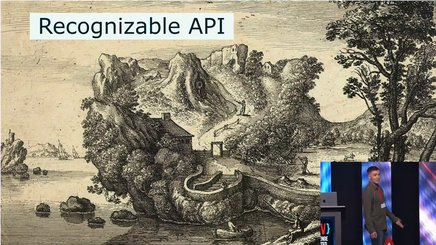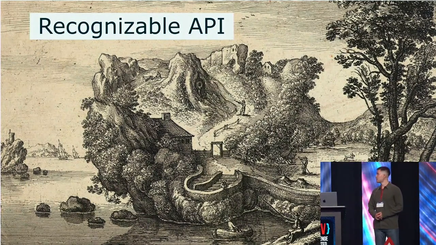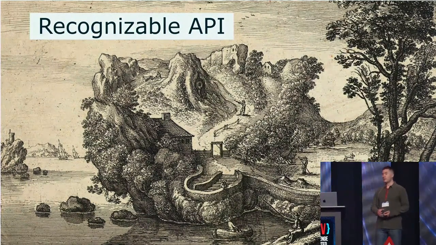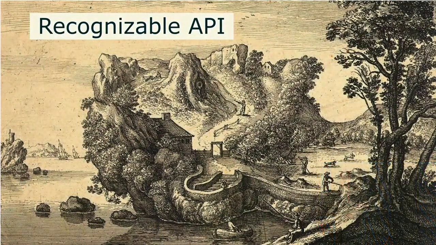Recognizable API is another expectation. So what does this recognizable mean? Take a look at the picture. I think it takes you like 3 to 5 seconds to see the pattern, and that it's not only the island, but also some human face. Yeah? Do you see it?